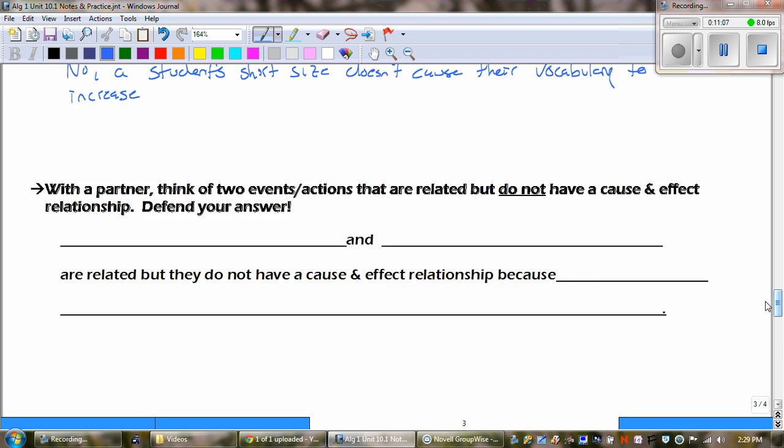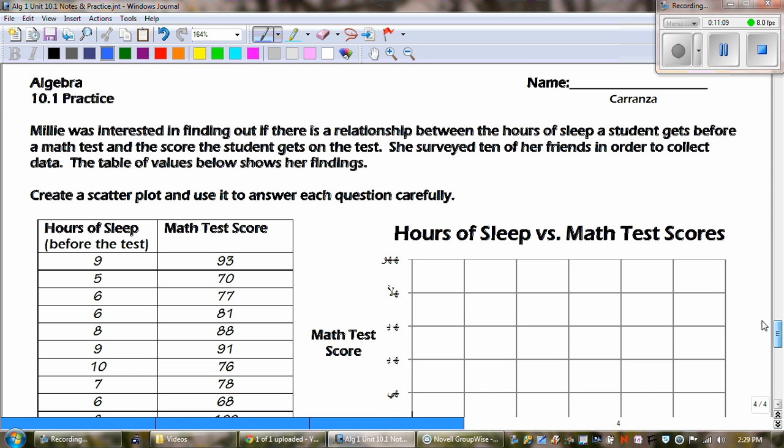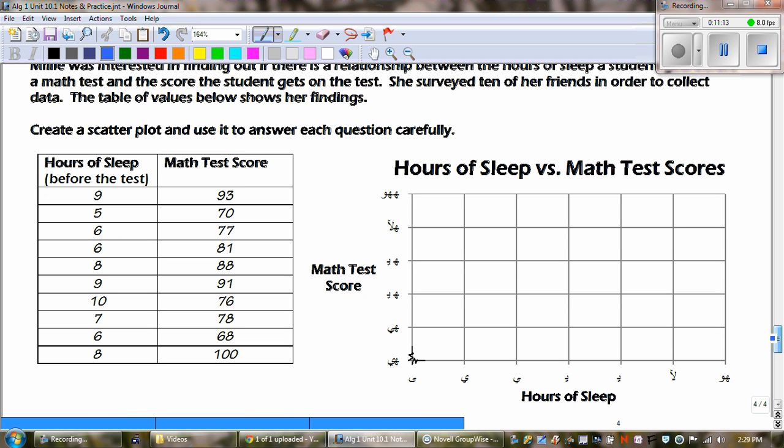All right. Your homework is the 10.1 practice. Now, if you notice the graph, it's not done. That's because you have to do it. Make sure you go through, and 9 is a 93. So at 9, you go to wherever that is and you put a point.